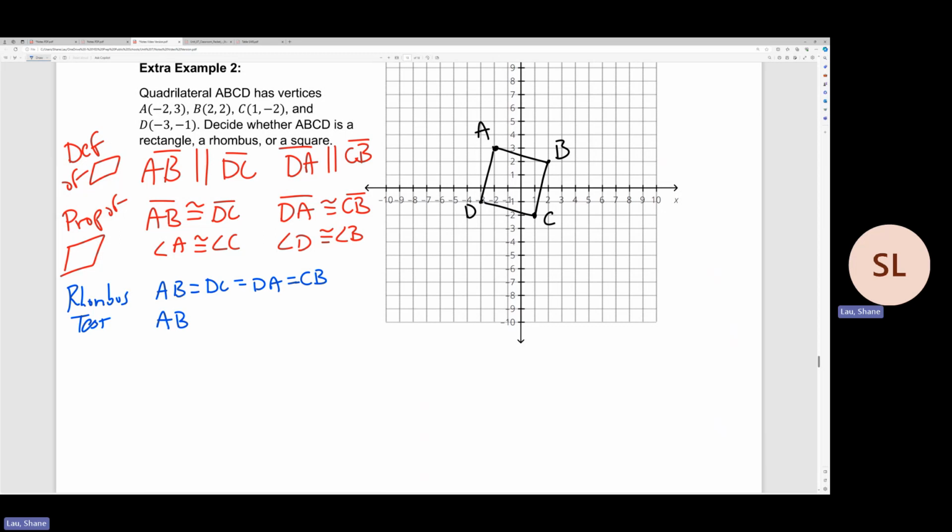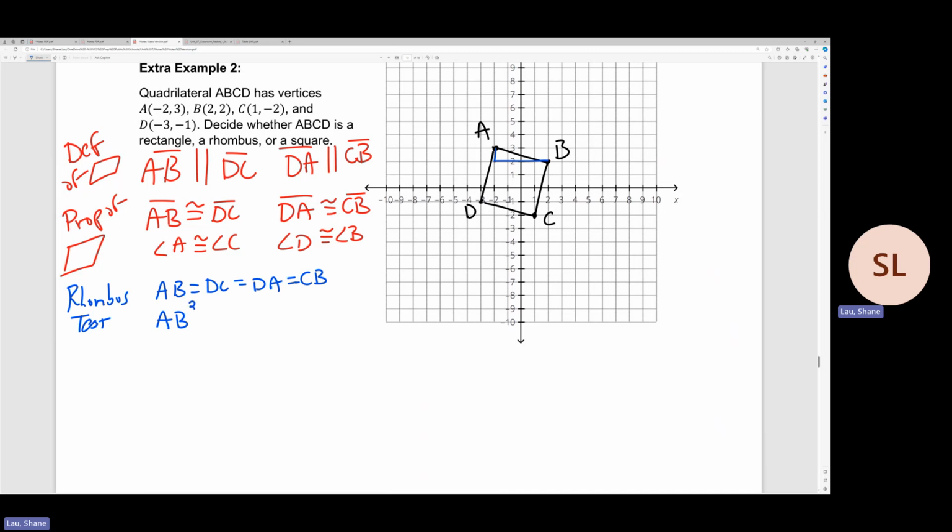But here I have to use the distance formula, and I know a lot of y'all do not like the distance formula, so we're not going to do it. What we are going to do is Pythagorean theorem. I'm going to take those two sides to be my legs. AB is going to be my c squared.